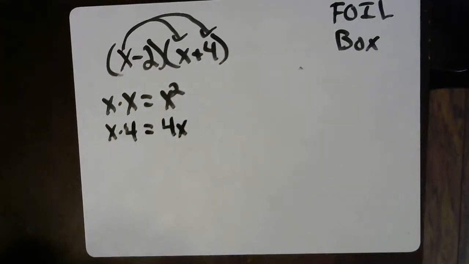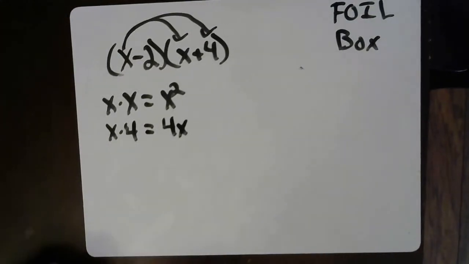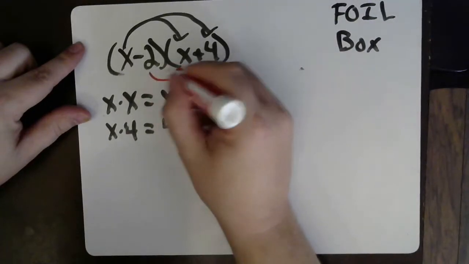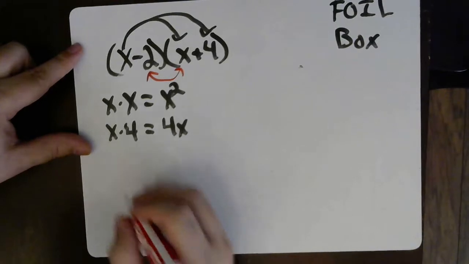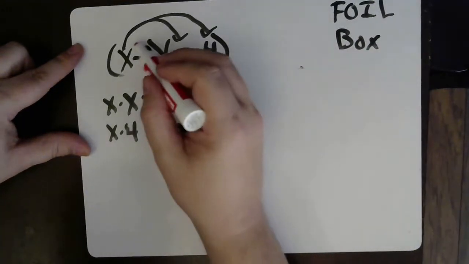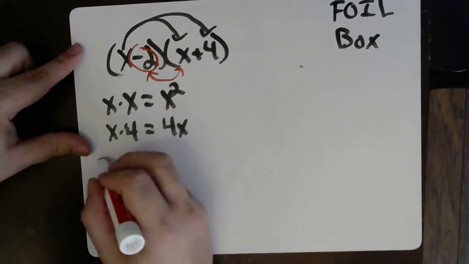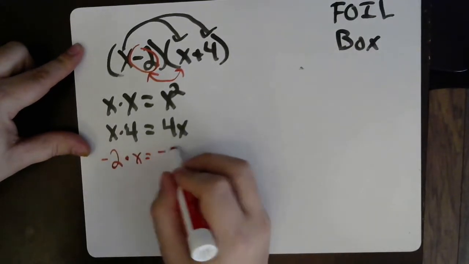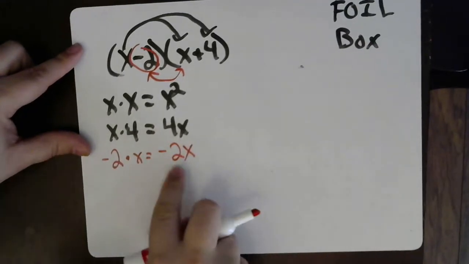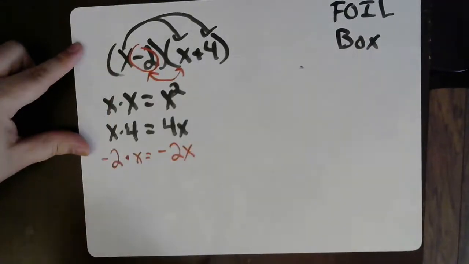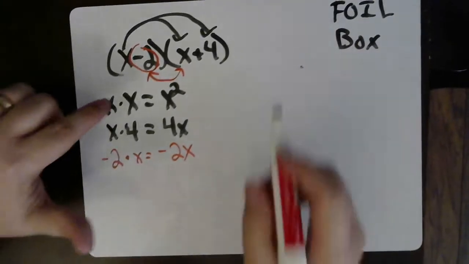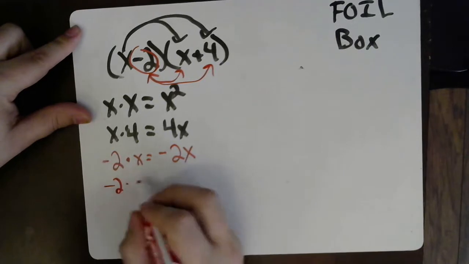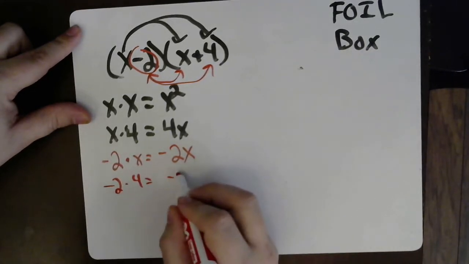Now we're going to do inside. The two inside numbers and letters: that's a negative 2. Remember, don't forget that. Negative 2 times x is equal to negative 2x. It's very important to make sure you see that is a negative. Next one is last: negative 2 times 4, which is negative 8.